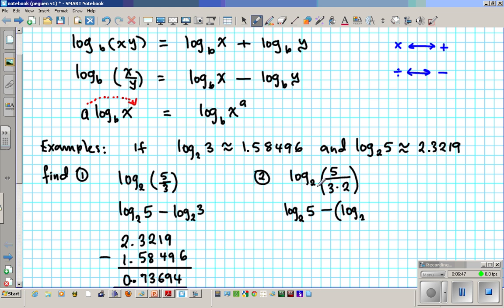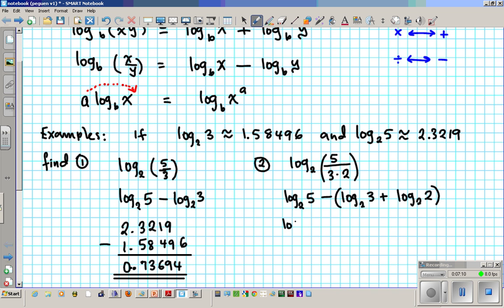So log base 2 of 3 times 2 is log base 2 of 3 plus log base 2 of 2. Now this minus gets distributed, so this becomes log base 2 of 5 minus log base 2 of 3 minus log base 2 of 2. I told you earlier, the denominators are always subtracted.